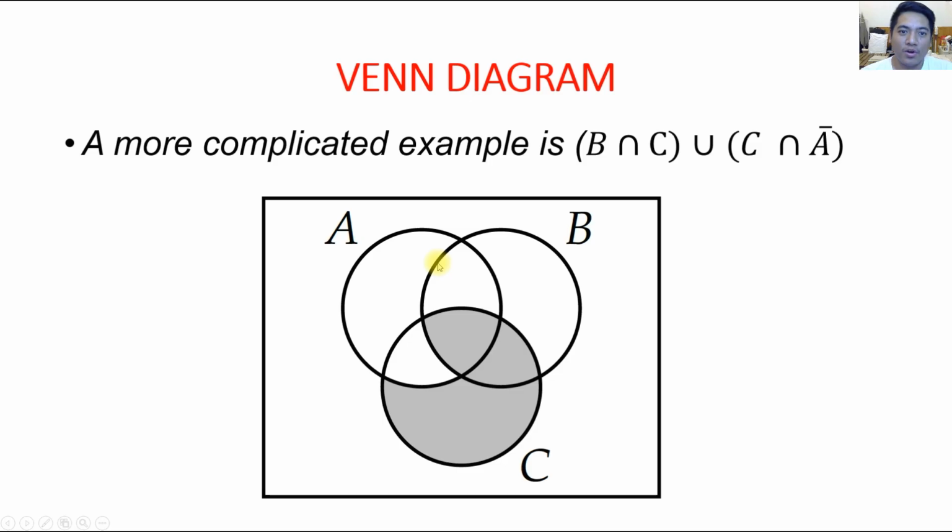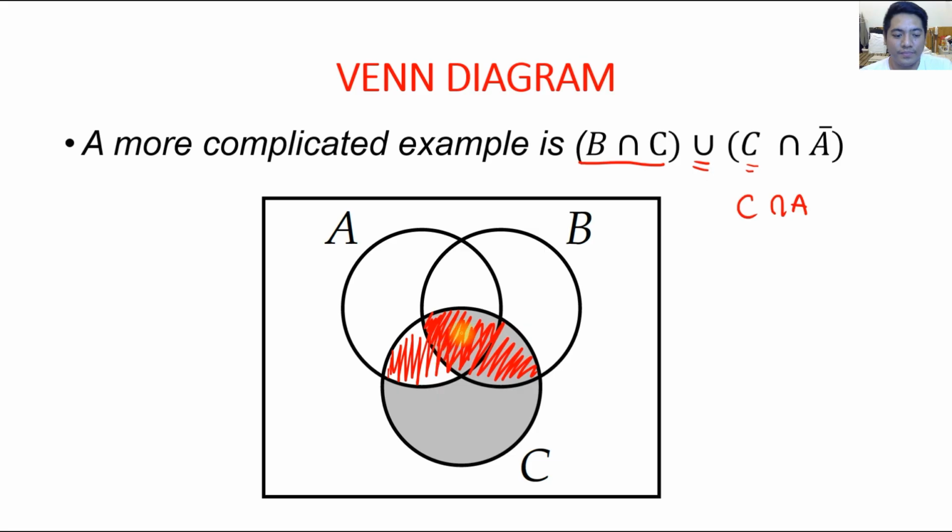Also, we can have a more complicated example, in which we have B intersection C represented by this shade, where set B and C meet. And it is in union, meaning combined, with C intersection not A. For simplification, first the intersection of C and A is this region, including this other part also.